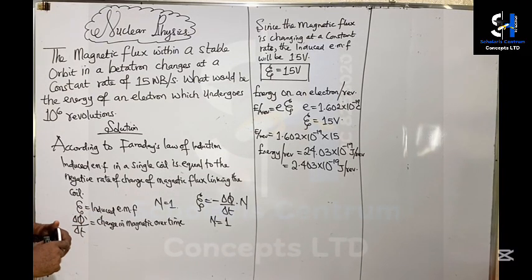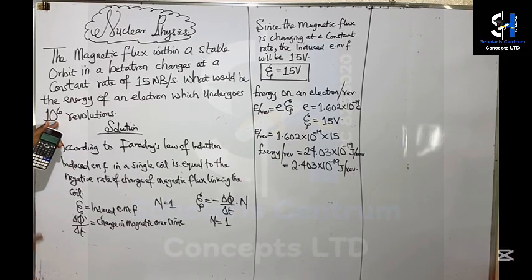So now, because we are given 10 to the sixth revolution, we need to find the energy in joules.